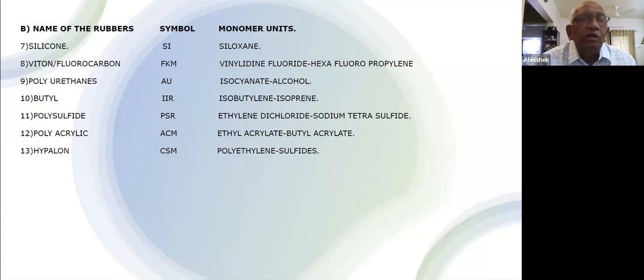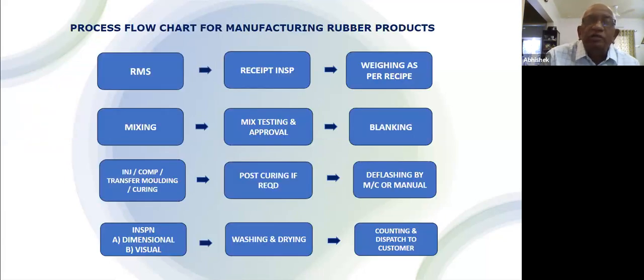Next is polyacrylic rubber, which is designated as ACM. Here ethyl acrylate and butyl acrylate are the monomers for carrying out the polymerization process. Then the last one is Hypalon, which is called chlorosulfonated polyethylene rubber. When you chlorosulfonate polyethylene, you get chlorosulfonated polyethylene.